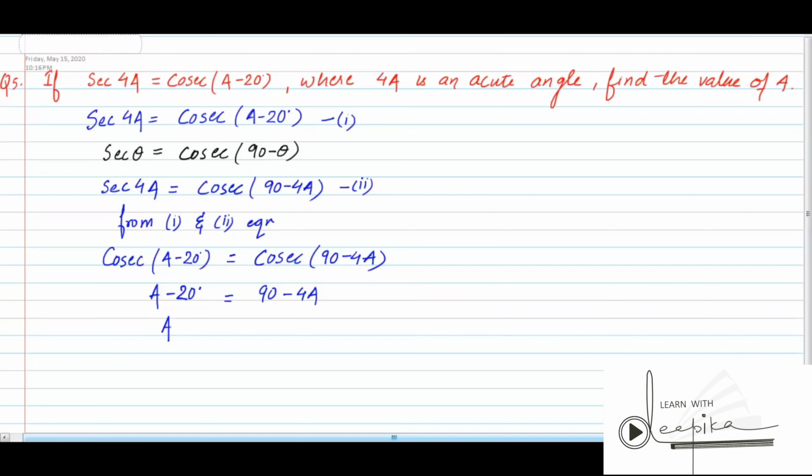By taking A plus 4A to the left hand side and 20 degree to the right hand side, you will get 5A in LHS and 110 in RHS. When you divide 110 by 5, you will get the value of A, which comes out to be 22 degree. So in this question, your value of A is equals to 22 degree.